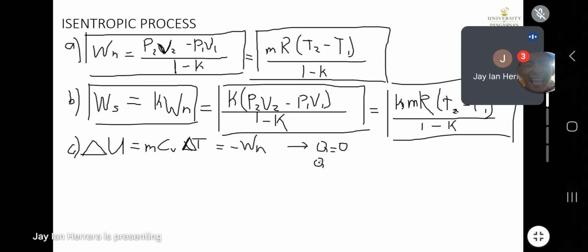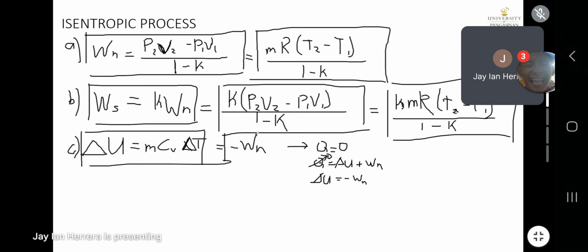Meron tayong formula na heat is equivalent to delta U plus work ng flow. Since heat natin is 0, ililipat natin si work ng flow sa kabila. Delta U is equivalent to negative work ng flow. So any of these will do in order to get delta U. If meron ka ng work ng flow, makukuha mo yung delta U.